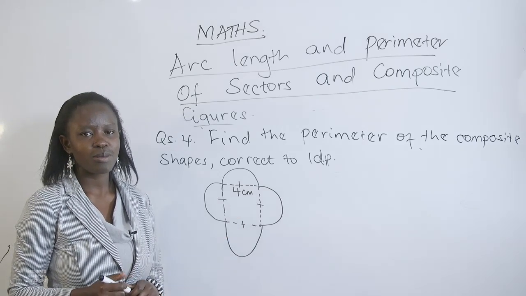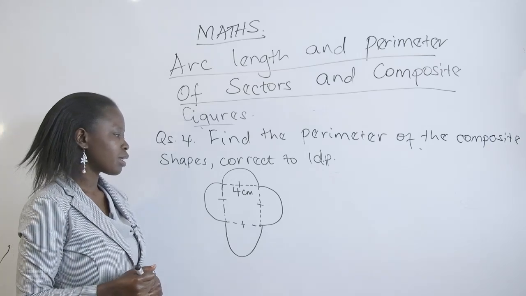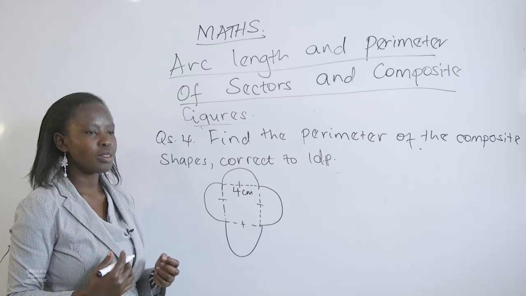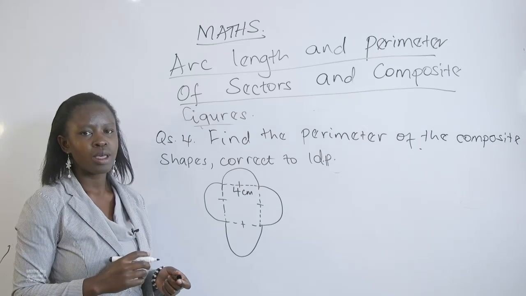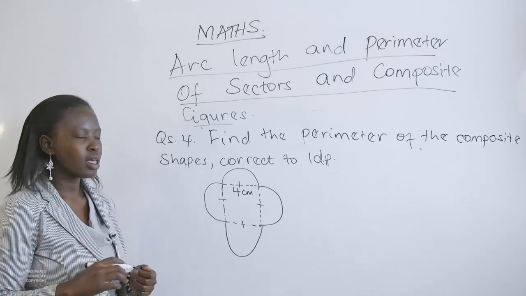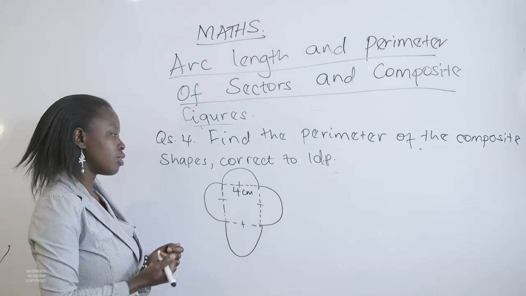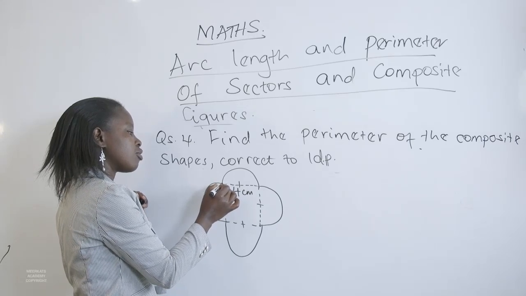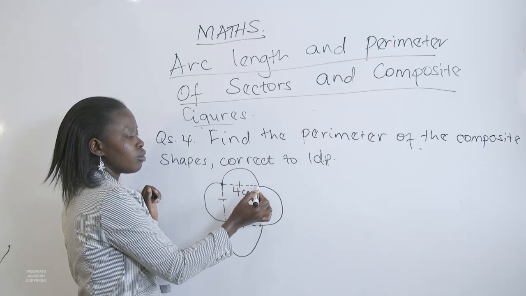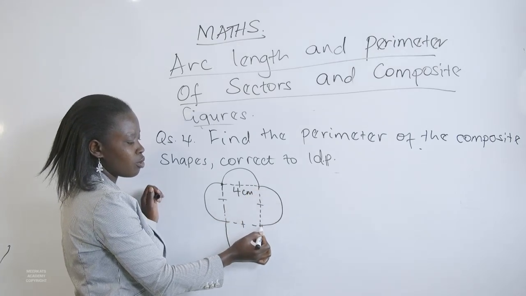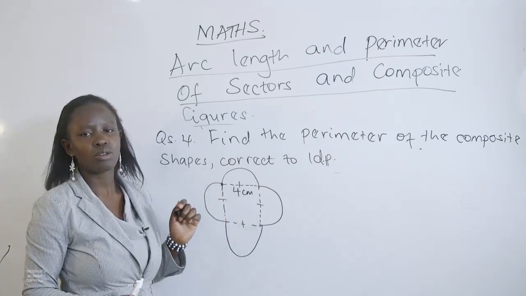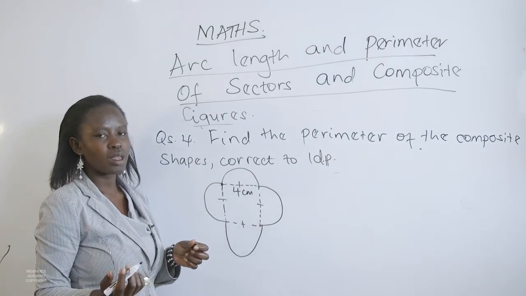For us to get the perimeter, we are interested in the distance around the outside of the figure. So if I start at this point, I go round to that point, move to the other end, move to this point, and finally come back to the starting point.